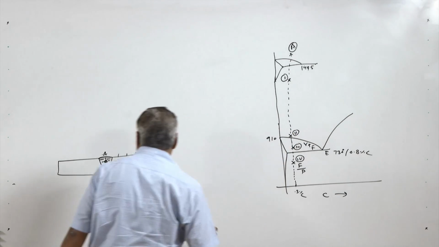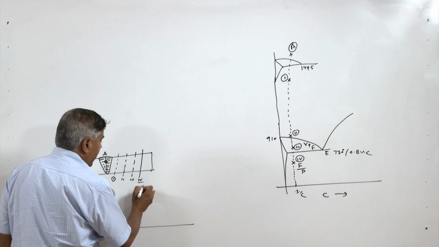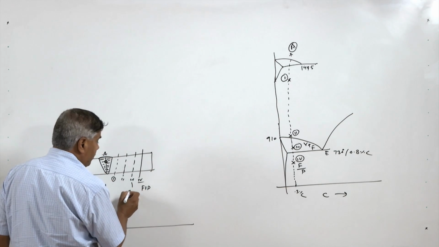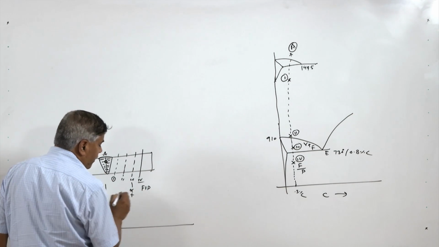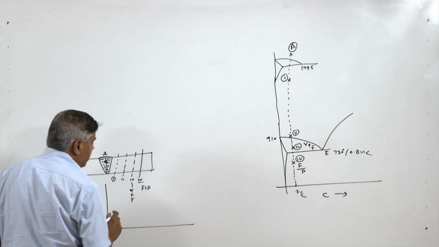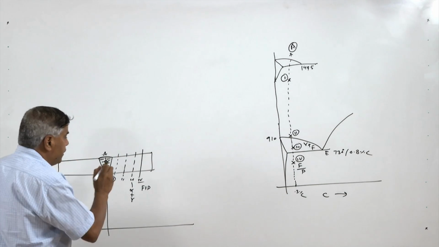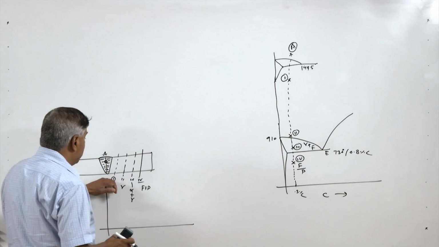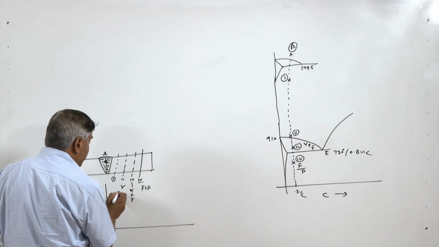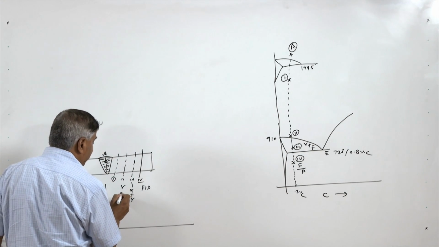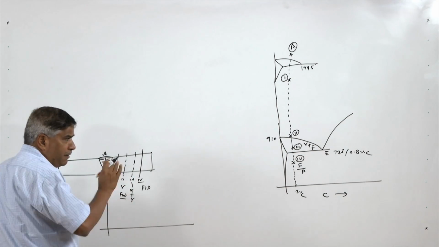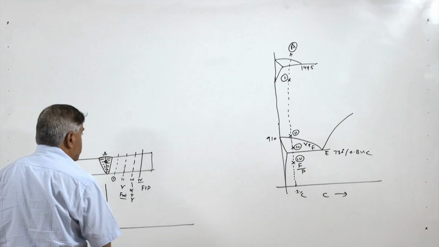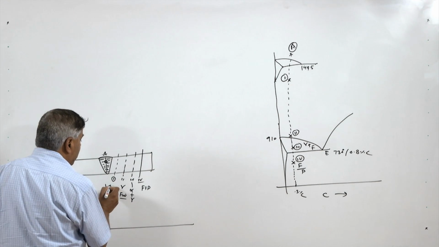So point 4 has the ferrite and pearlite, point 3 will be having alpha plus austenite, means the ferrite plus austenite, and point 2 will be having just austenite. This austenite will be a fine one, because it is experiencing lower temperature, and the point 1 will be experiencing much higher temperature.